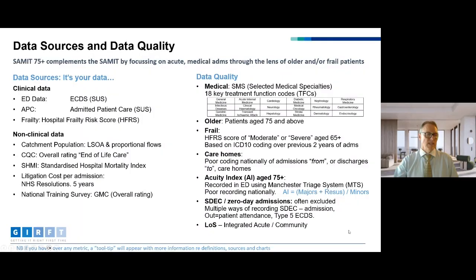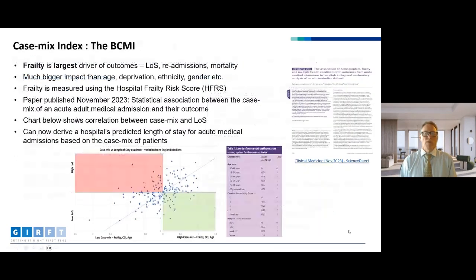Next slide, please. I'm not going to dwell on this particularly, but I wanted to leave you with a link. We published a paper that demonstrated the statistical association between different elements of case mix and outcomes. What we found was that frailty is the largest driver of outcomes, and things like age and deprivation have an impact, but a much lower impact.